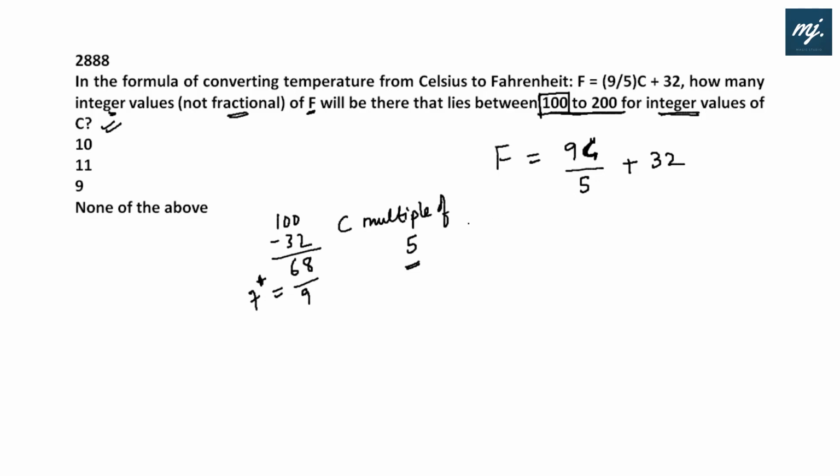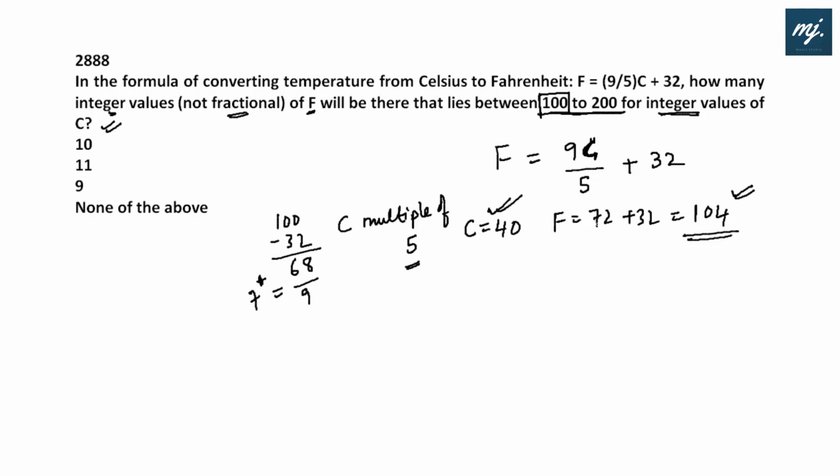So let us start C with 40. If C is 40, F would be 9 into 8, 72 plus 32, that is 104. So the first value of F, which lies between 100 to 200, is 104, and it will be attainable when C is 40. Both are integers.